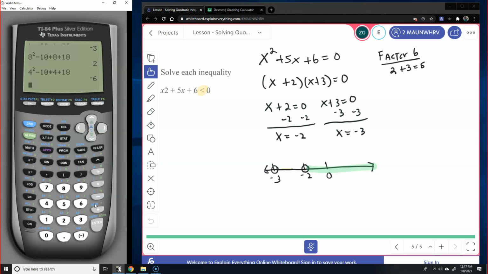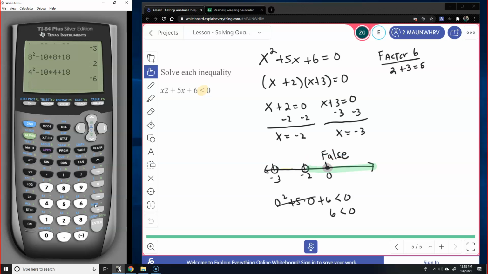We're going to select one point. In this case, I'm selecting 0, and you're going to substitute that into the inequality. So you have 0 squared plus 5 times 0 plus 6, and you're going to check, is that less than 0? That's 6. Now the question is, is 6 less than 0? That's not true, so it's not part of the answer.